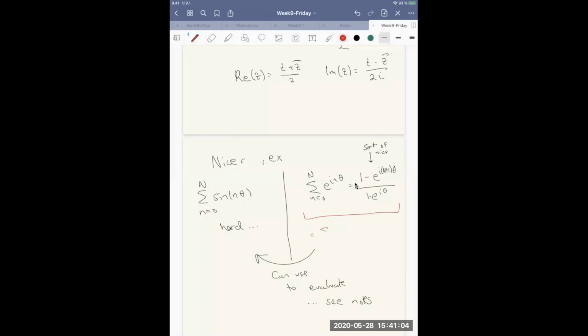Namely, this is the same thing by one of our identities above as e to the I theta to the power k. If this is our a, we can use the sum of geometric series formula to say that this is 1 minus the n plus 1th term divided by 1 minus the ratio of consecutive terms. So this is just the geometric series sum formula.